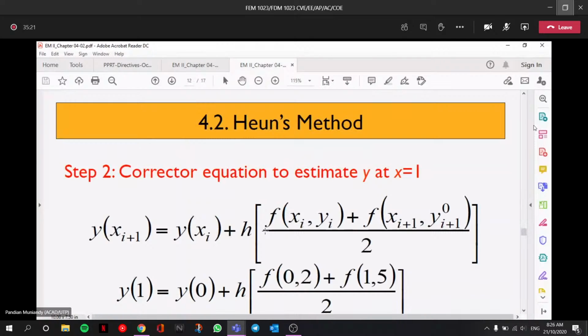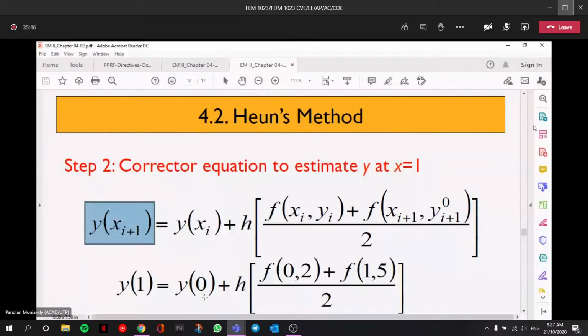So the y0 at 1, 5, you have to substitute inside the corrector. So we want to calculate the corrector. This is your final output at the next x, that is at x equals 1. Y1 equals y0. Y0 you already knew, that is 2, y at x0.